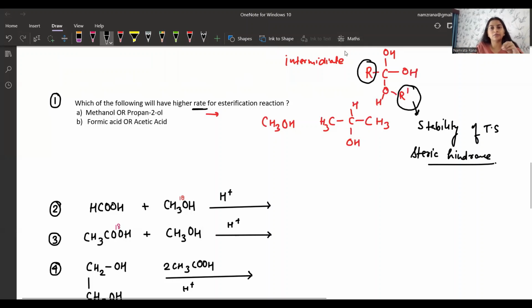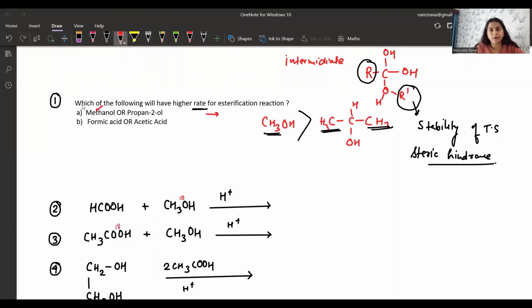A smaller R group will have a greater rate. Of these two alcohols, one contains only one carbon atom, whereas the other contains 3 carbon atoms. So I hope you got your answer: methanol is the correct answer.